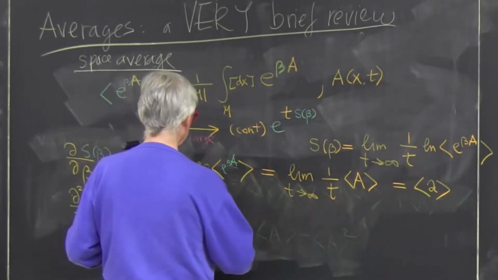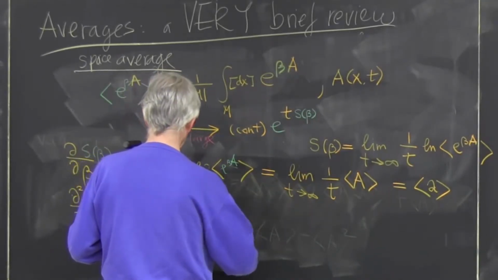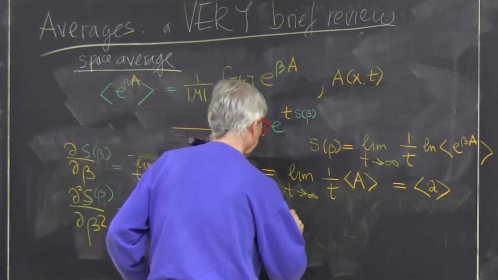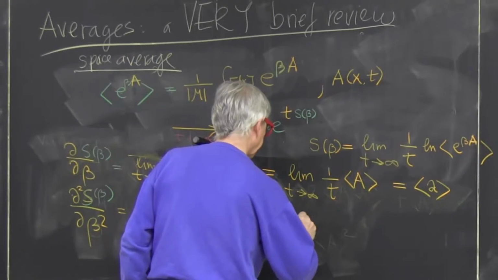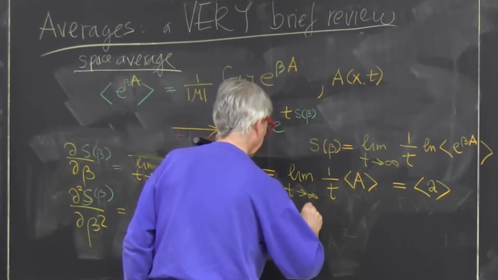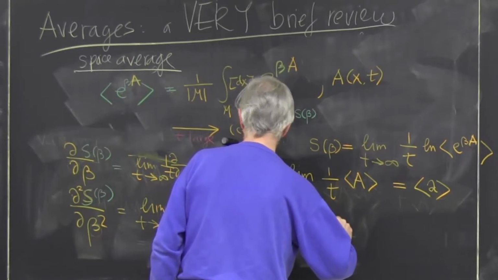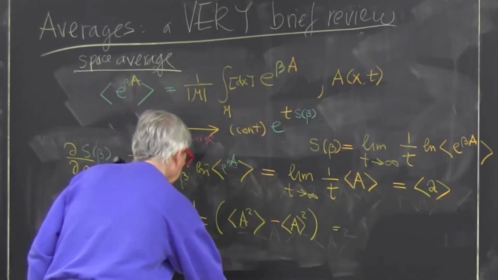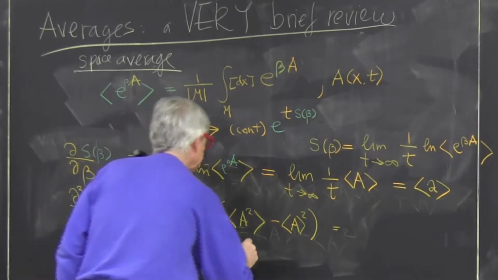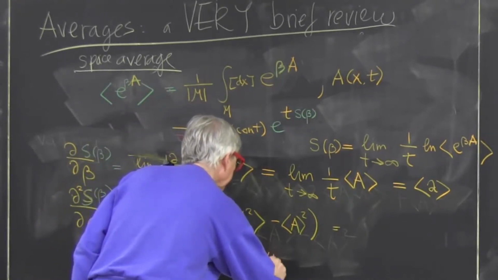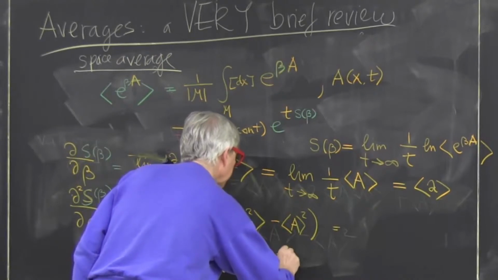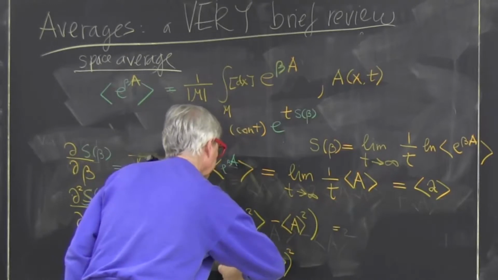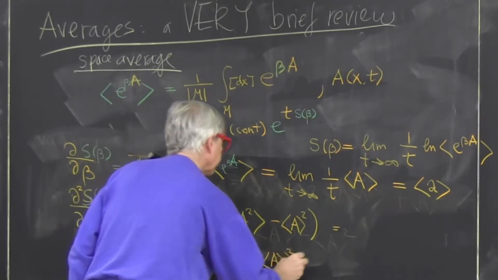So we got that this is the limit of either the accumulated observable squared minus the average squared, or if you want to write it the other way, it's one over t, observable minus the expectation value, squared, averaged.